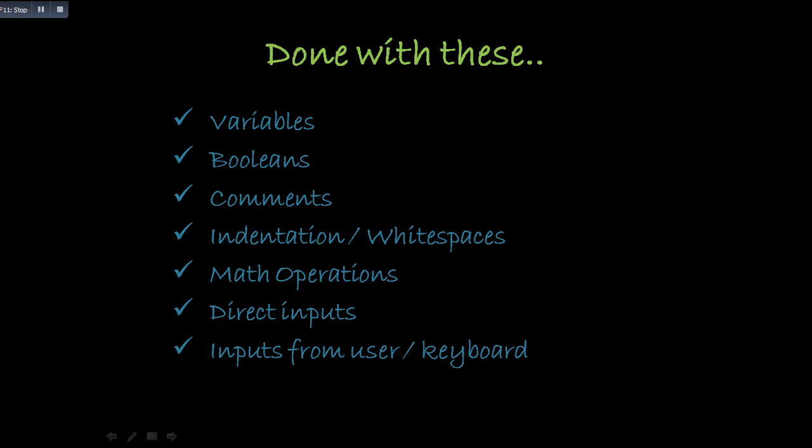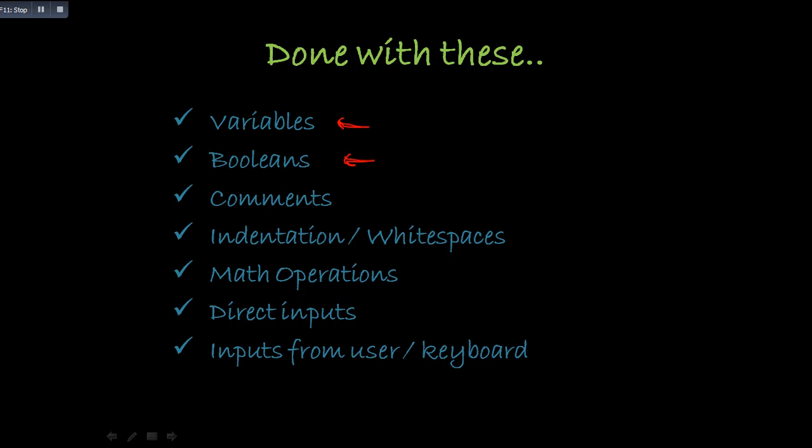So let's start with variables. First of all, we have gone through the concept of variables. In variables we have learned how to declare a variable, how a variable works, how to assign values to it, what type of values it takes, and lots of other stuff. I hope it is clear to you guys. After variables we moved to booleans.